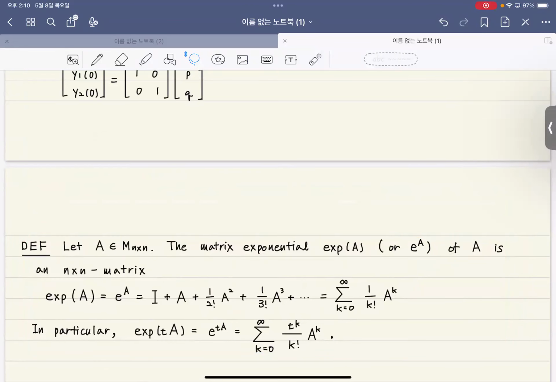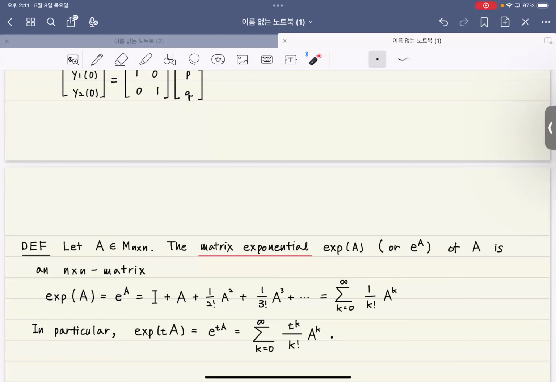So now I'm ready to spell out the definition of the matrix exponential. I have a matrix A, so this is n by n. So I have an n by n matrix A, and I want to define the matrix exponential of the matrix A. From now on, it will be denoted by exp of A or simply e to the A. So this is notation.